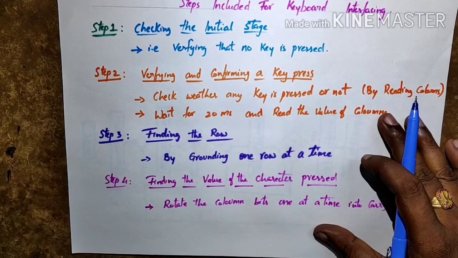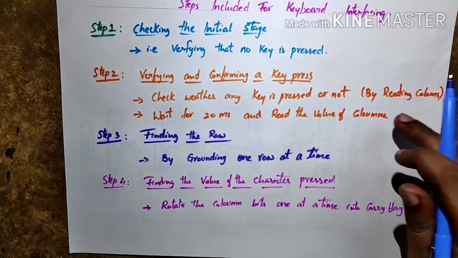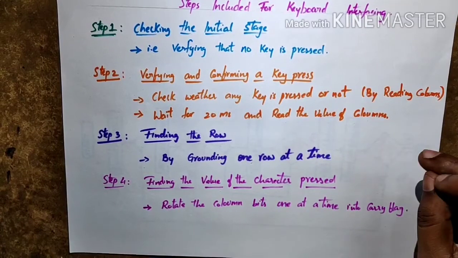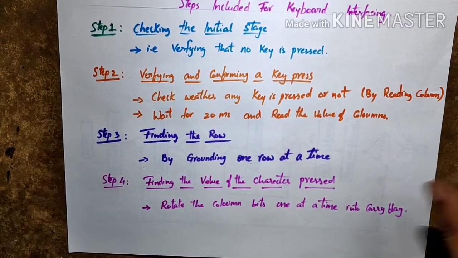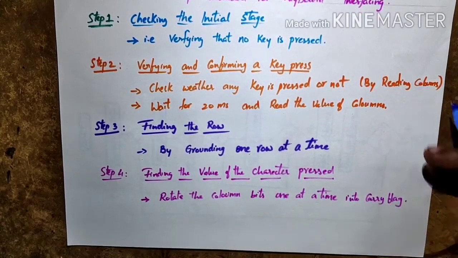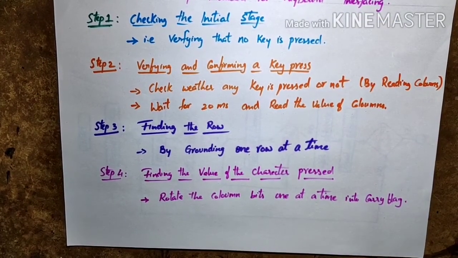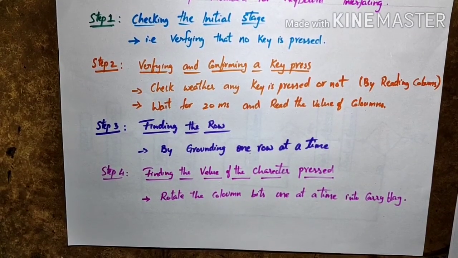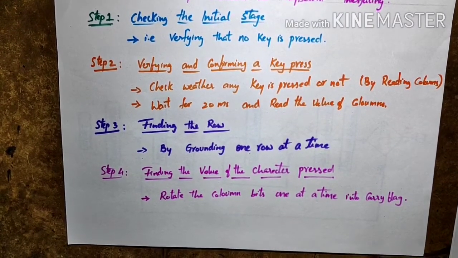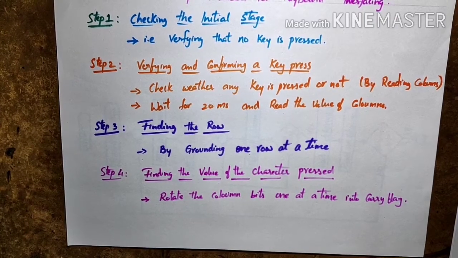But when we are pressing a key, we are pressing the key and releasing the key. In that process there may be some high and low pulses which may occur.